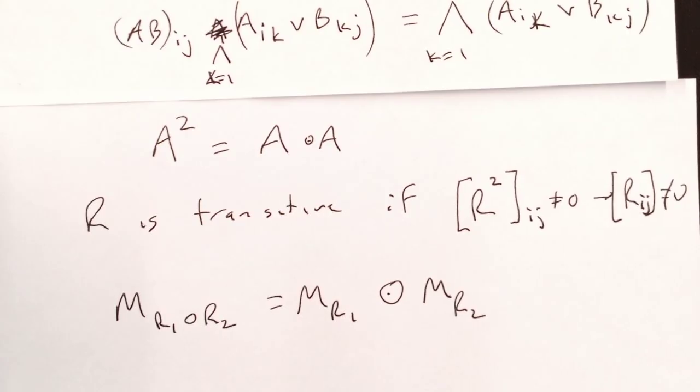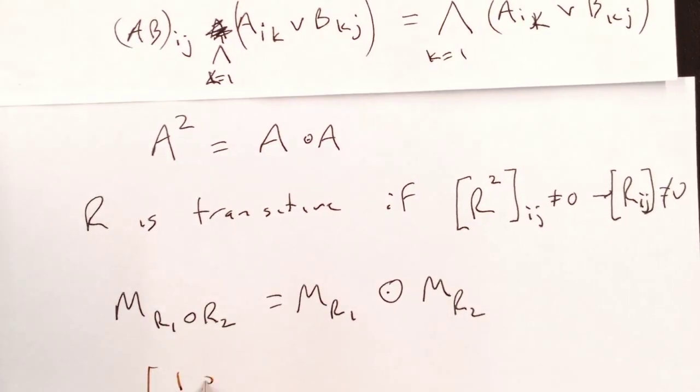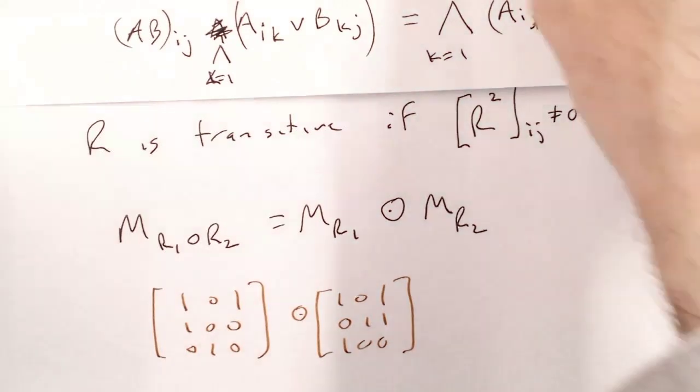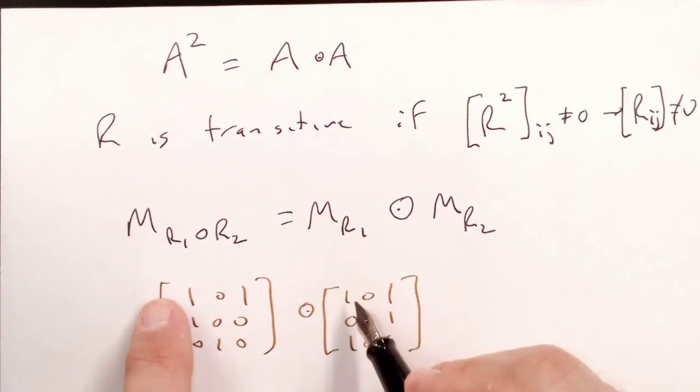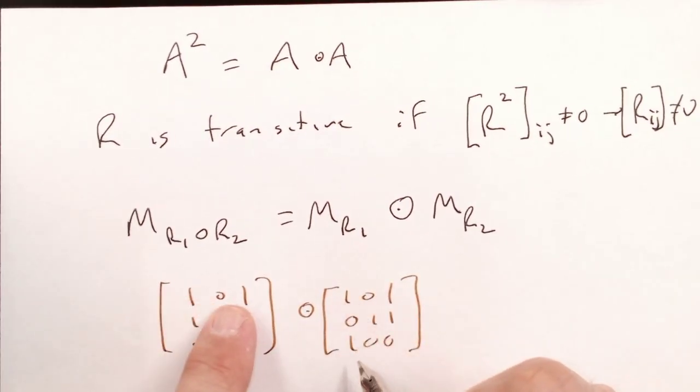Let me go back and show you how that works for this first setup. This was our relation 1 and relation 2 matrix, yes? So I'm going to go across this row and down this column.